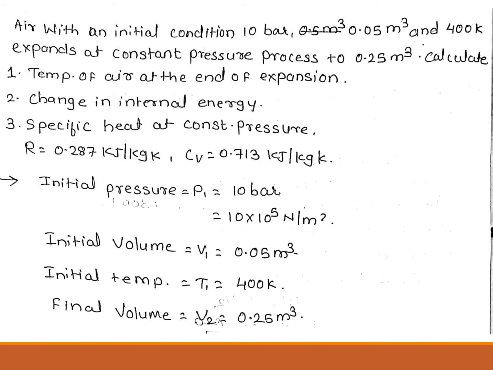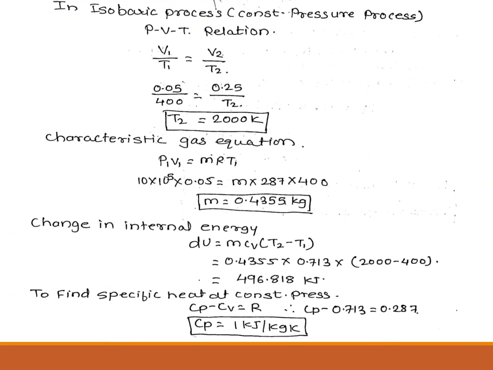Final volume V2 is 0.25 meter cube. In an isobaric process, the PVT relation is V1 upon T1 is equal to V2 upon T2. From this formula we get the final temperature. So T2 is equal to 2000 Kelvin.